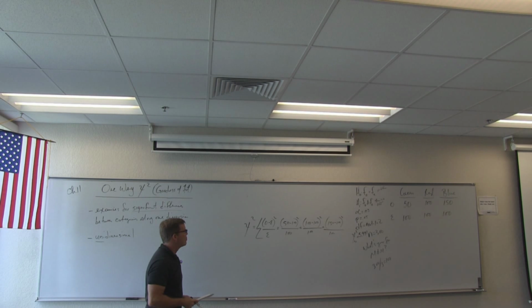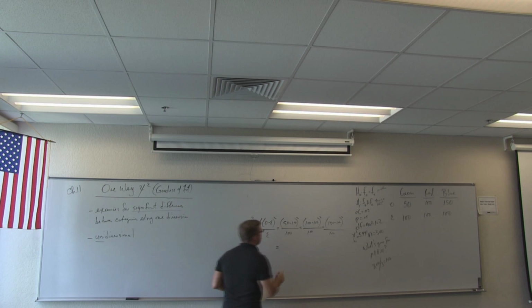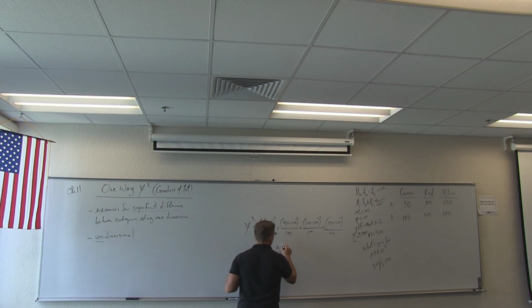And we just bring this along. 50 minus 100 is negative 50, squared is 2,500, divided by 100 is 25.